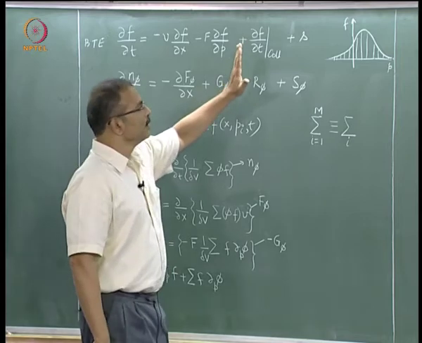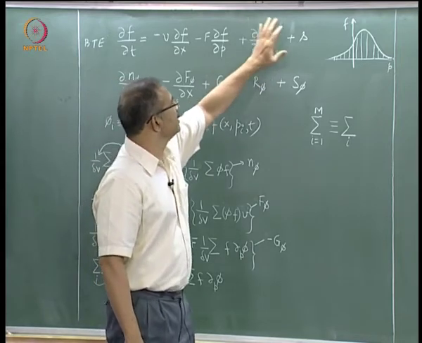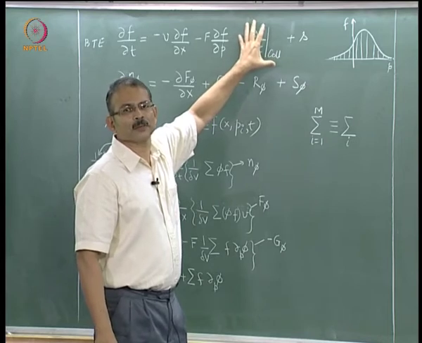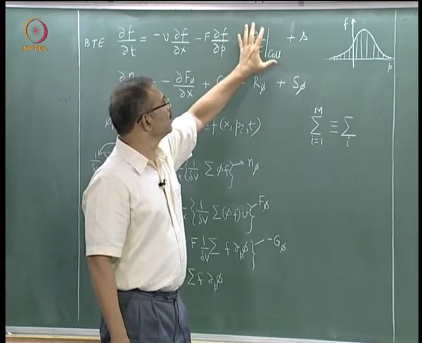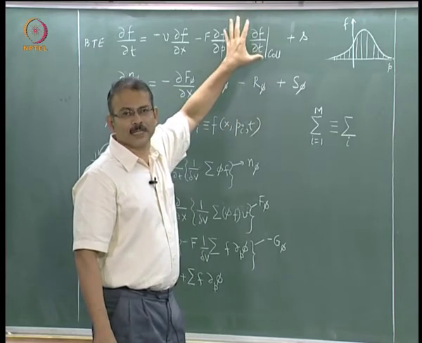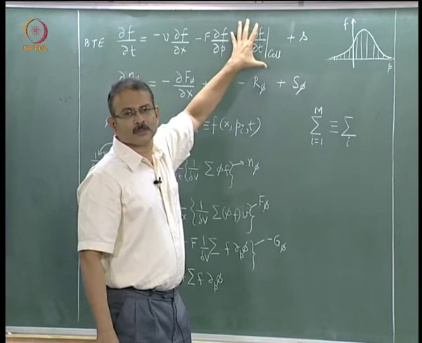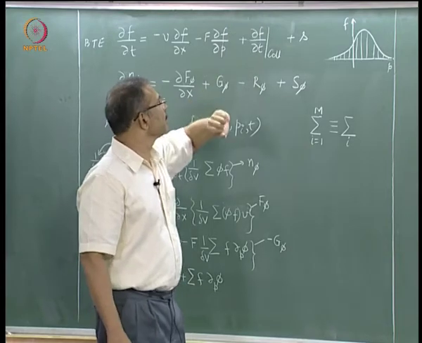Now you recall, we have remarked that this quantity and this quantity, these two have to be derived from quantum mechanics. So we are not going to do much of a derivation regarding these. We will simply assume a form that is commonly used.